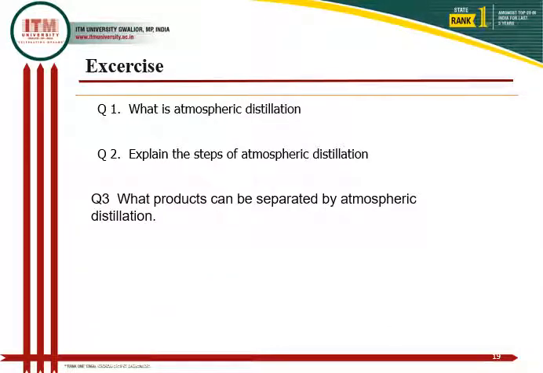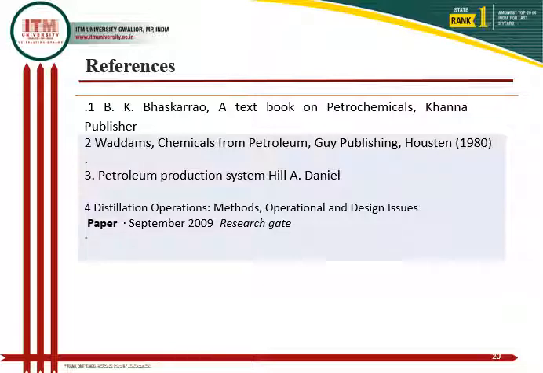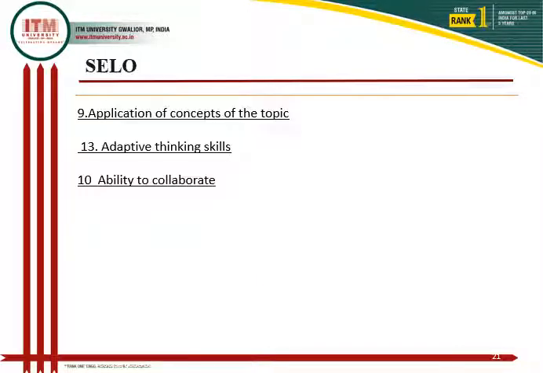Now you go through the exercise on atmospheric distillation and the references of this topic. And the SELO, the student effective learning outcome, is the main application of the concept of the topic that is fulfilled here.